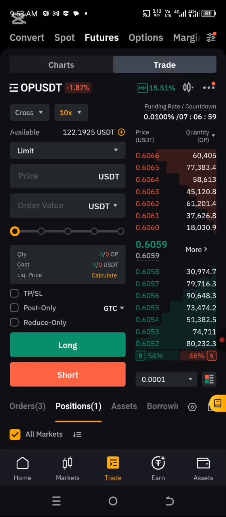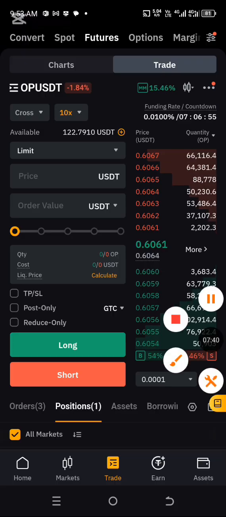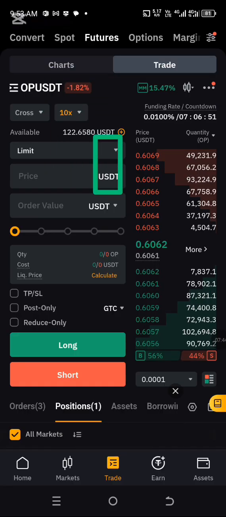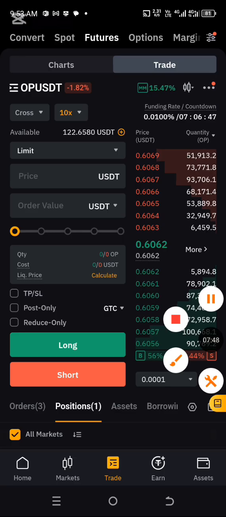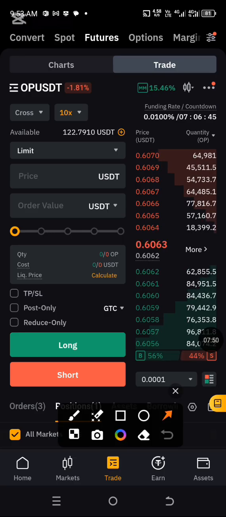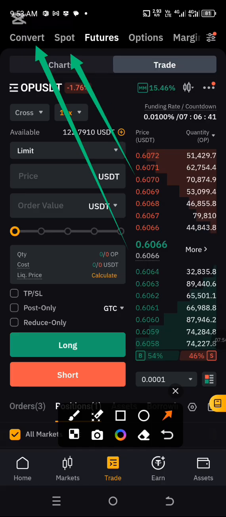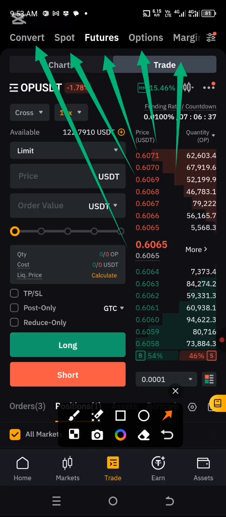From here, as you are seeing now, you still have some buttons at the top. You see convert, you see spot, futures, options, margin, and the rest. All right, so everything we are going to explain right now.